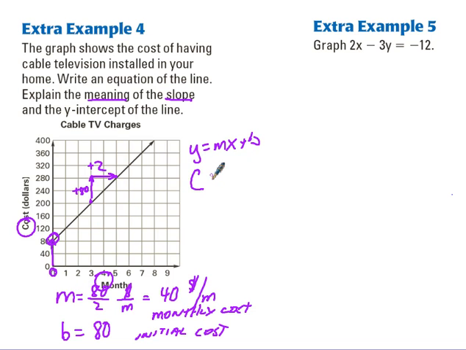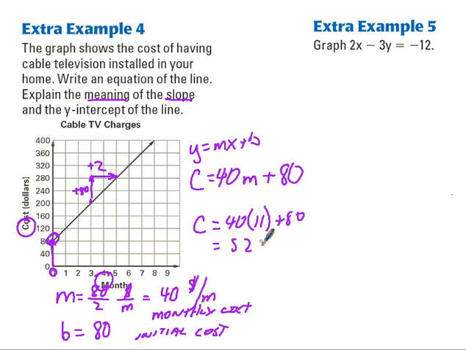So c equals, my slope is 40 times the number of months plus the initial cost, which is my y-intercept of 80. So there's an equation. If I wanted to watch it for 11 months, I could go c is equal to 40 times 11 plus 80, and I get 440 plus 80 is $520 to have TV for 11 months.